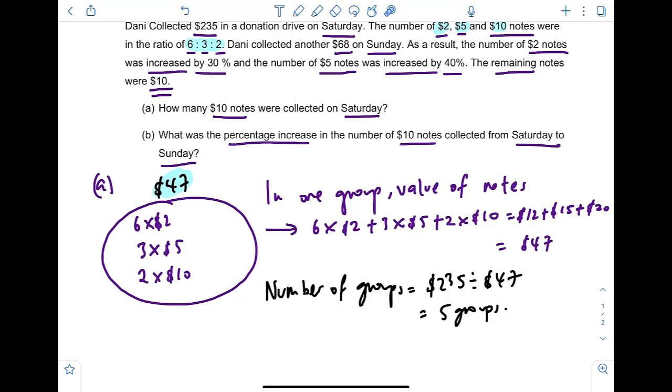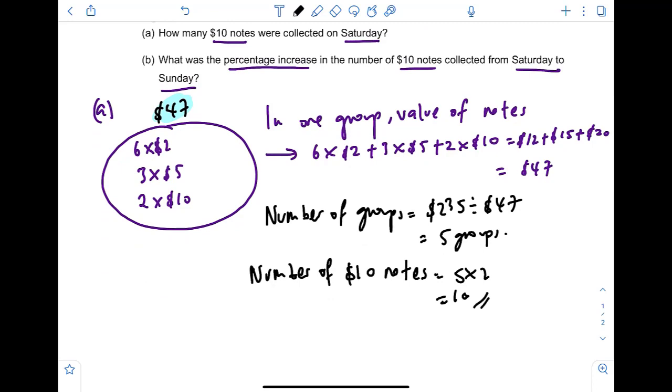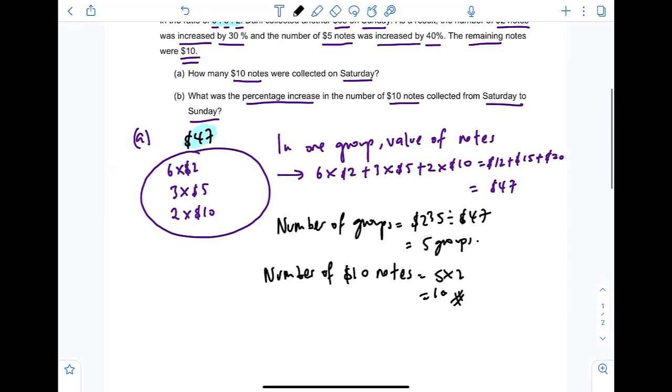And how many $10 notes were there on Saturday? Take note, in each group there's 2 of the $10 notes. There are 5 groups. So number of $10 notes, 5 times 2, that will be giving us an answer of 10 $10 notes that were collected on Saturday.